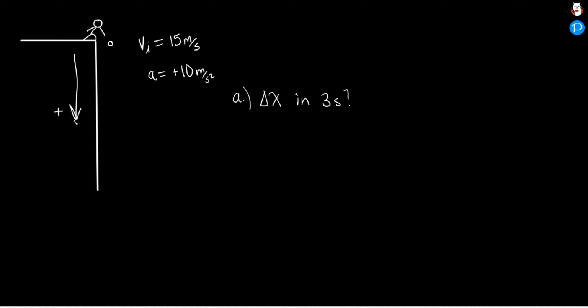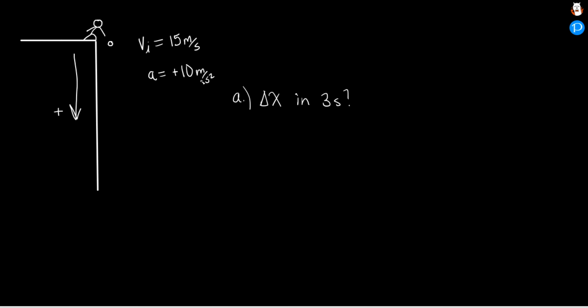If we would have said that this is the negative direction, I would have to make sure that this acceleration is negative, and also I would have had to have made this initial velocity negative as well, since it's going in this direction. But I'm going to make it positive just to make it a little easier for us to solve.